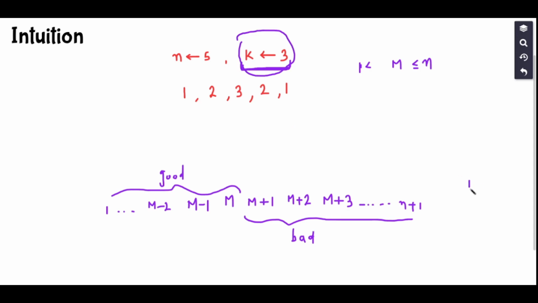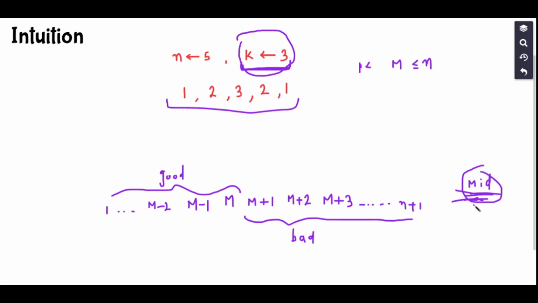Now since I have guessed the median to be mid, all I want from this array is that there is some subarray which exists in this array which has a median at least mid.